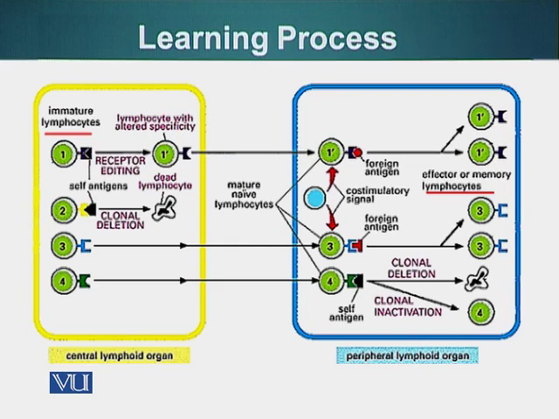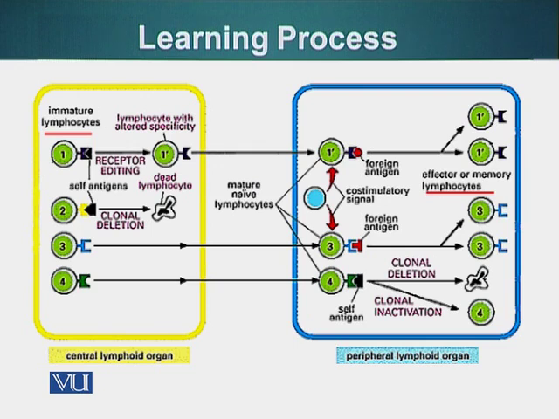In another case, for example scenario number 2, the B cell was unable to edit its receptor. Such B cells that cannot edit their B cell receptor, or that even after editing still recognize a self protein, will be clonally deleted. Other B cells will move to the peripheral lymphoid organ. The B cells, even in the peripheral lymphoid organ, will also go through this learning process.